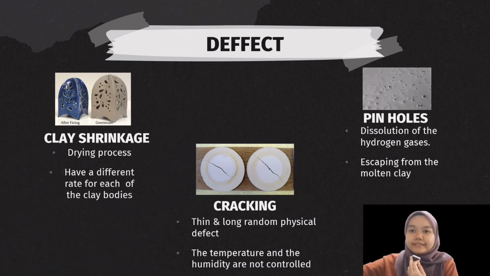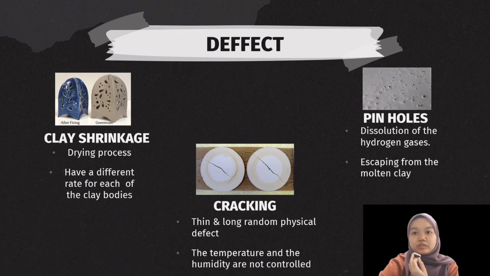The second defect in ceramic processing is cracking. Cracking is a thin and long random physical defect that could happen on the body of the teapot. Cracking can happen when we do not control the temperature and the humidity of the dryer until the pieces are completely dry and can proceed to the next process that we call firing.